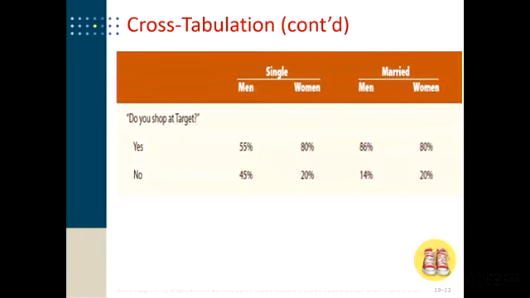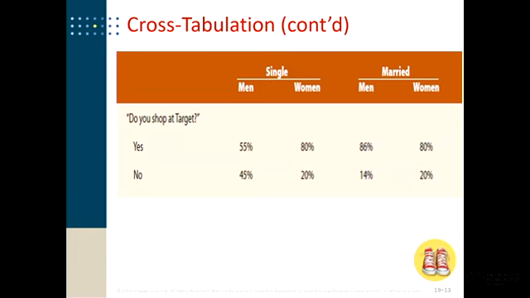Now, when we divide them based on single and married, 55% of men said yes, 45% no, when they are single. When they are married, look at the percentages. So what information do you get? Any difference between the overall result and this result?